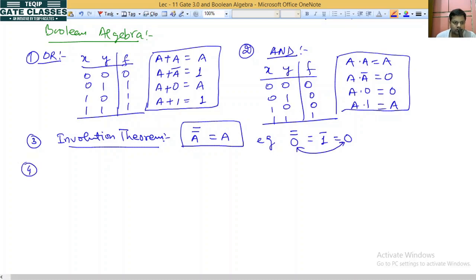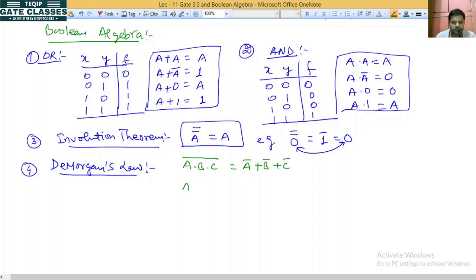Now the fourth formula is De Morgan's law. We have studied, we have used it many times, no? De Morgan's law. So there are two laws for De Morgan's. If we have such a type of function, then this bar is divided across each variable, and in between we have OR operation.